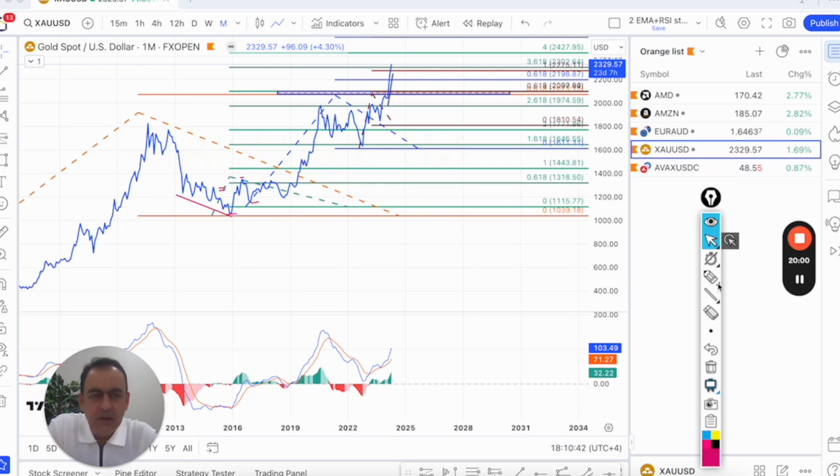The subsequent bullish cycle is again marked from the higher low formed here, connecting to the next high and the higher low.